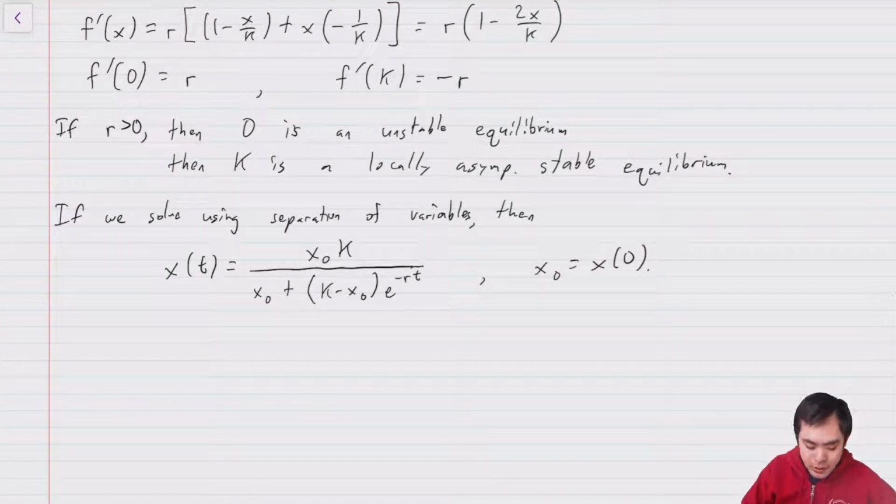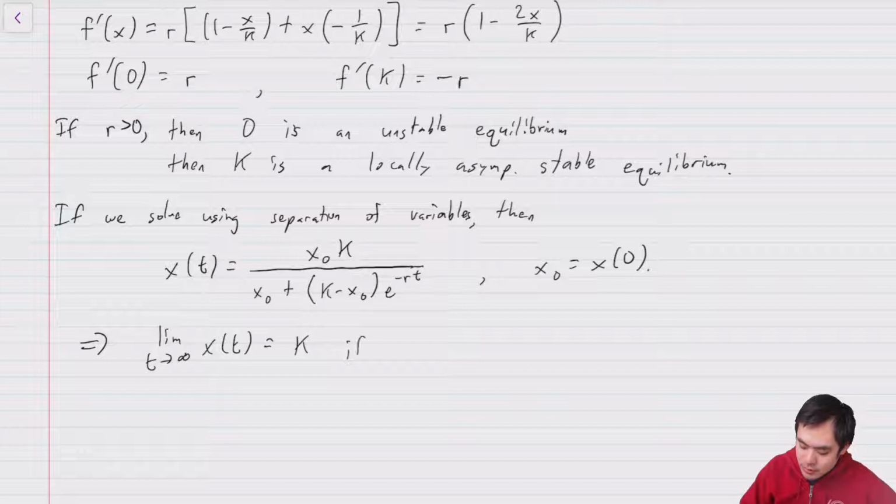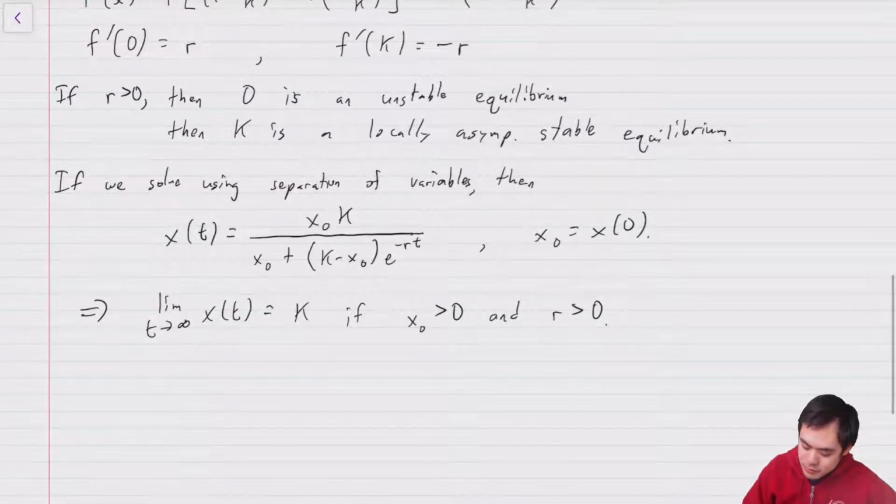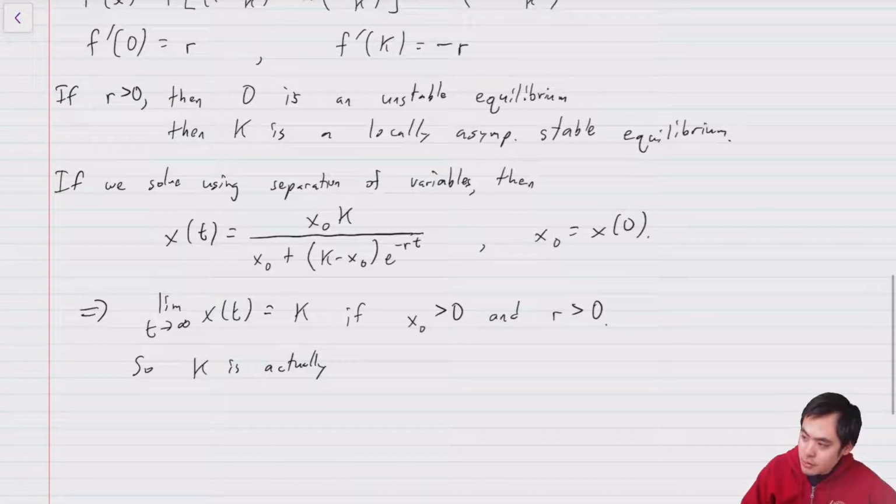And so it turns out that this implies that the limit as t goes to infinity of x of t is equal to k if x naught is greater than 0 and r is greater than 0. So k is actually globally asymptotically stable.